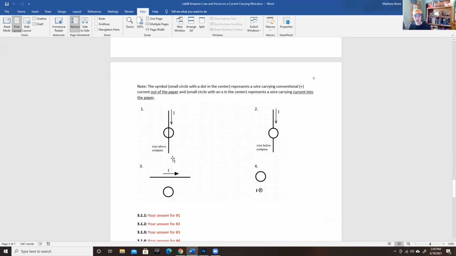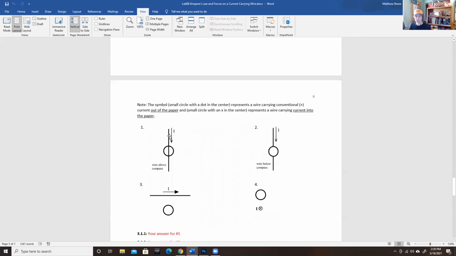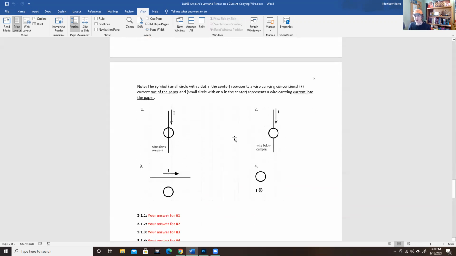This line is a wire, and it's on top of the compass. So what's going to happen to the compass needle? Which direction is it going to point? You're going to draw the compass needle on all of these diagrams and make sure they're labeled so I know which side is which.